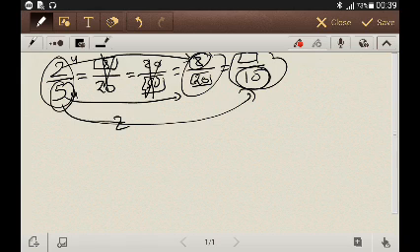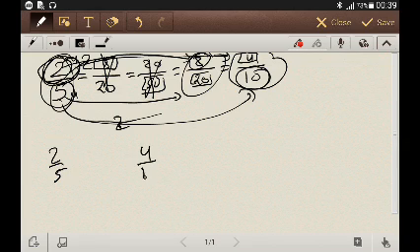So 5 multiplied by 2 equals 10. This 2 should be multiplied by the same number, which is 2. 2 multiplied by 2 gives 4. So 2 over 5 is the same value as 4 over 10. They're equal. That's why we call it equivalent fractions.